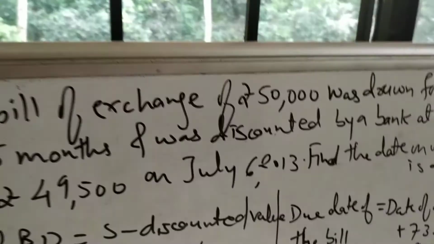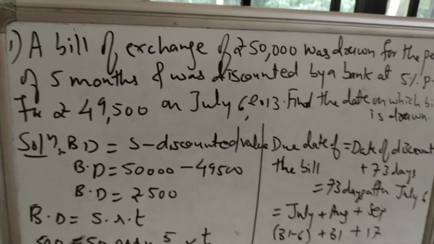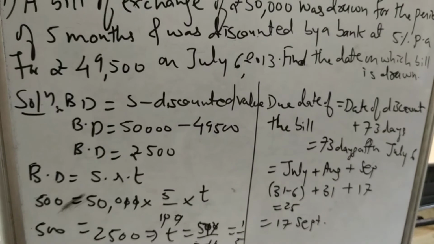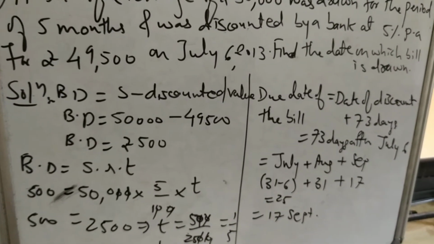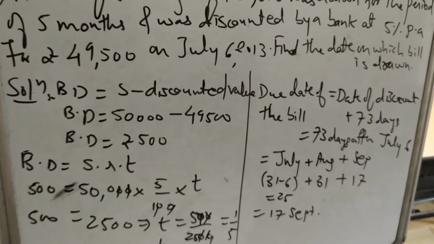And the bill was drawn for the period of 5 months. So from 17 September, you have to go back 5 months and 3 days of grace. You will get the date on which bill is drawn.